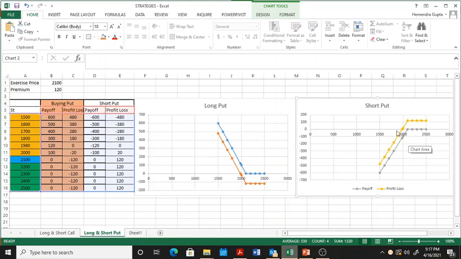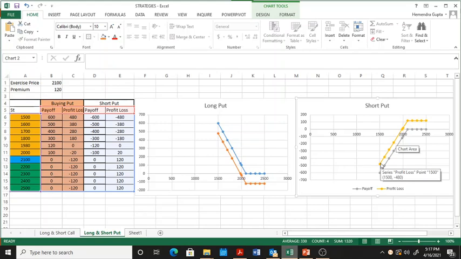His payoff, as I mentioned, the payoff of a seller can never be positive. Payoff will be zero only at that point when the buyer is not exercising his put option, but the payoff will start becoming negative as the stock starts falling down, right? This yellow line indicates the loss which the seller will get in case the stock starts falling down.